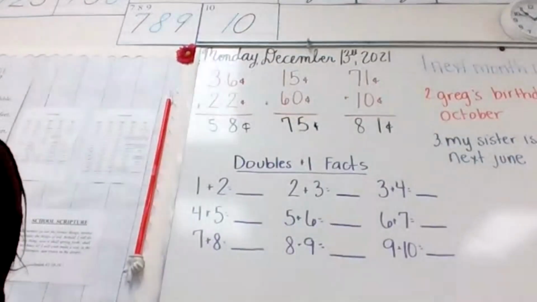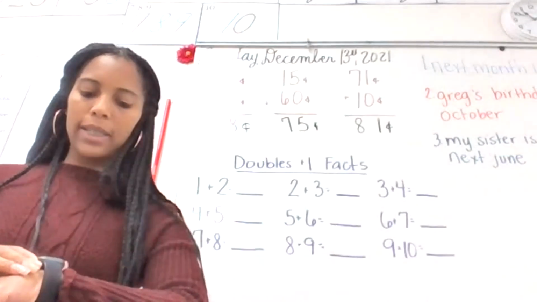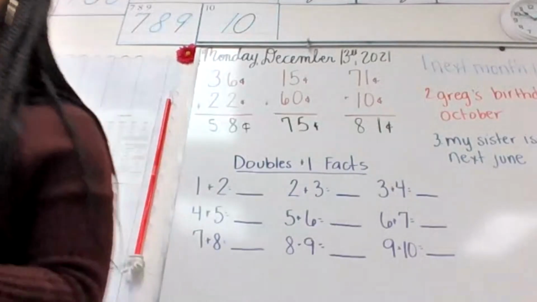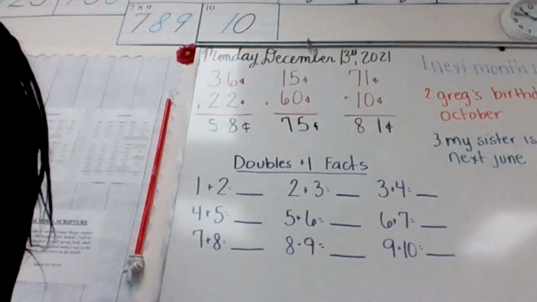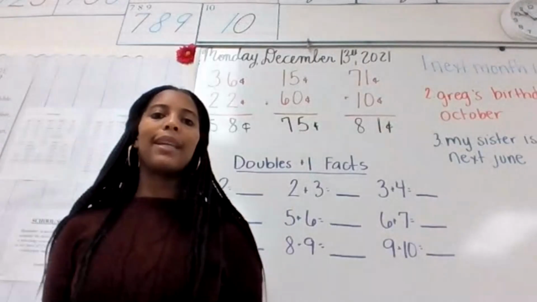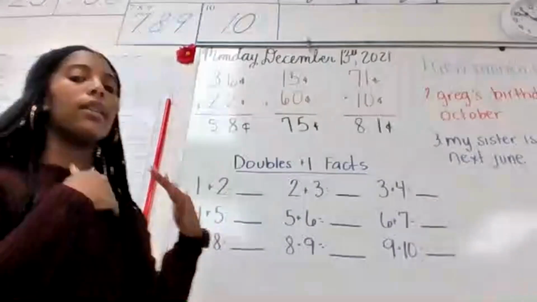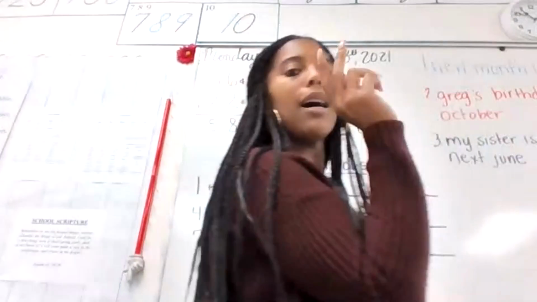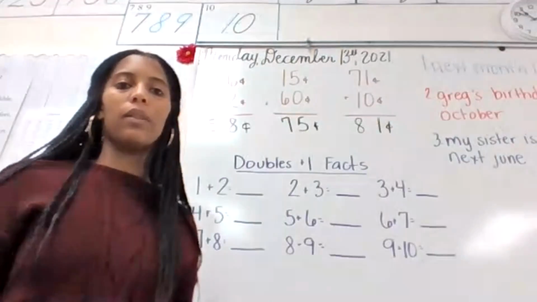What does 4 plus 4 equal? 8. 7 plus 7 equals? 14. 5 plus 5 equals? 10. 3 plus 3 equals? 6. 6 plus 6 equals? 12. And 8 plus 8 equals? 16. So remember, these are what we call the doubles facts. We're adding the same number 2 times. 2 plus 2 is 4 at the bottom.